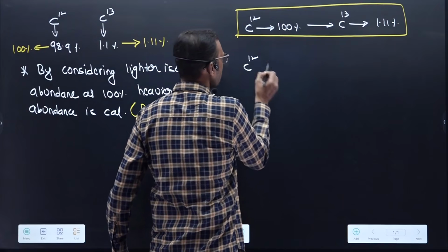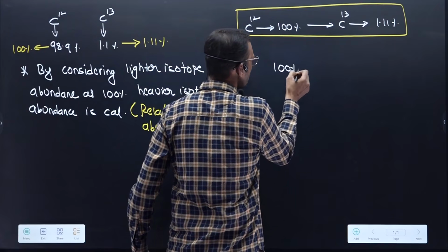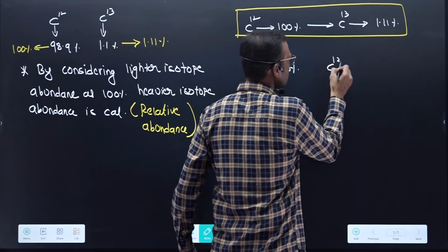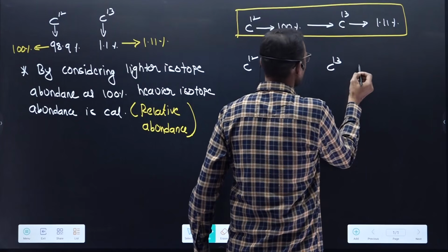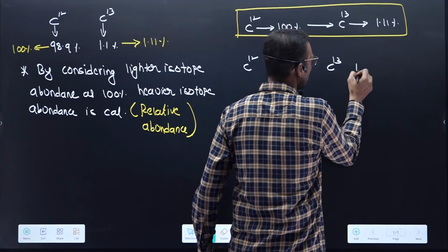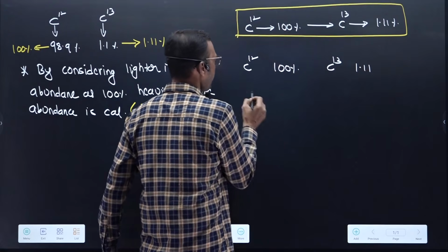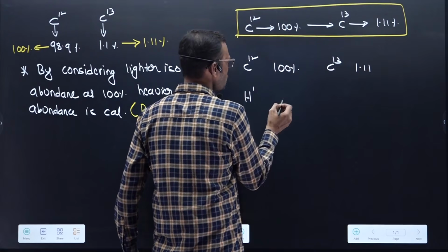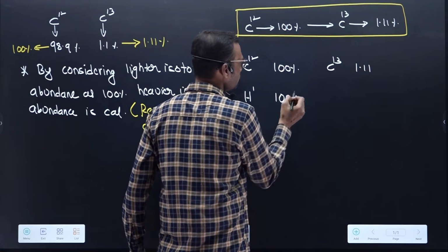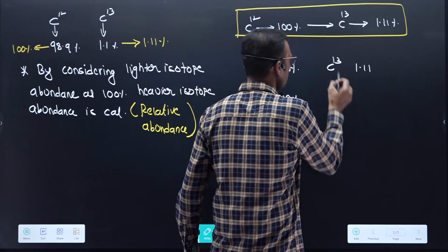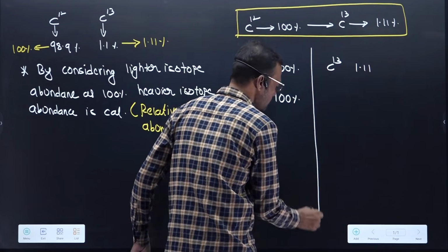So here we need to maintain some percentage. C12 100% and here C13 should be taken as 1.11. Hydrogen 1H1 is taken as 100%. This is lighter and this is heavier.